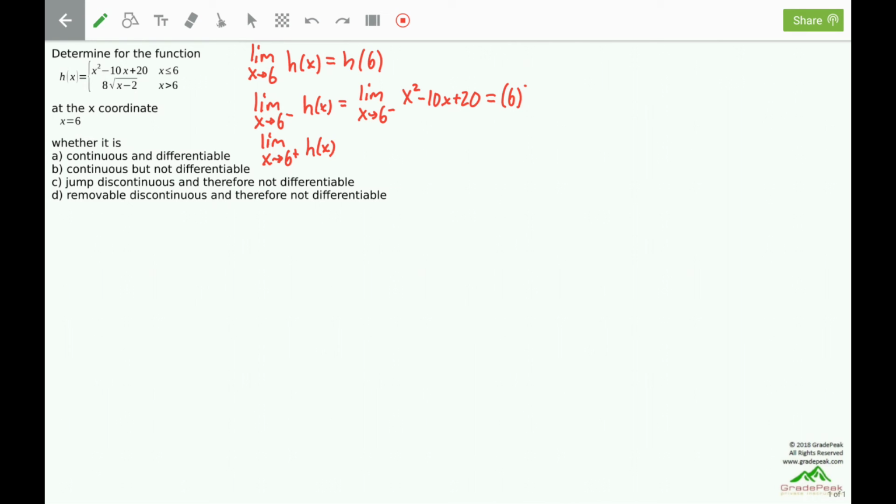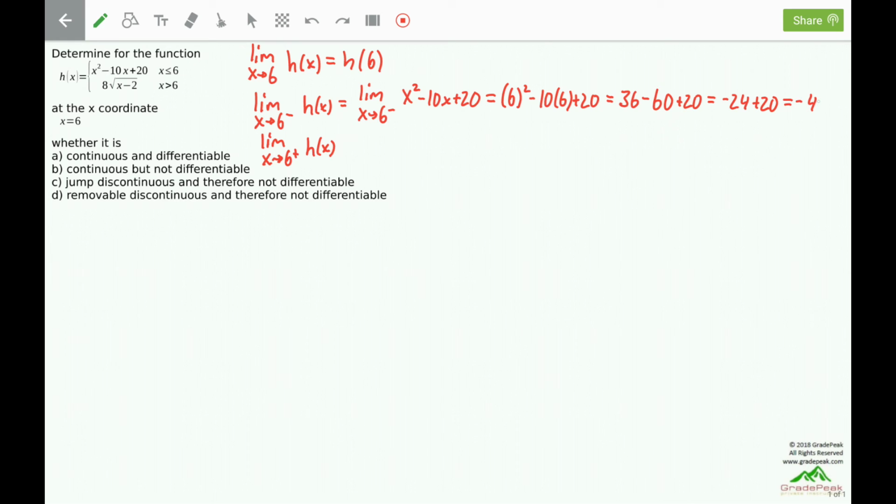That will give us a 6 squared minus 10 times 6 plus 20. 6 squared is 36, minus 10 times 6 is minus 60, and then plus 20. 36 minus 60 is negative 24, and then plus 20 comes out to negative 4.